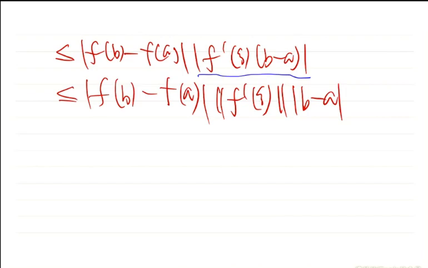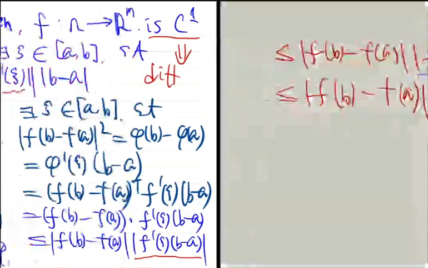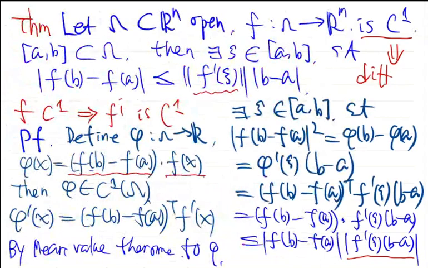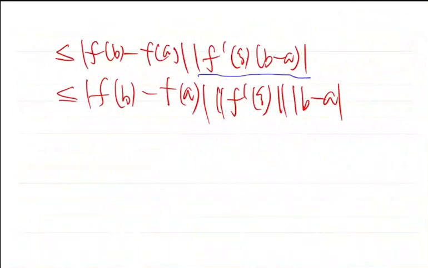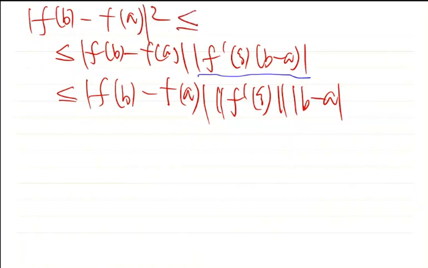What is the left hand side of our computation? The left hand side is the square of the norm of fb minus fa. So all this together says that the square of the norm of fb minus fa is not greater than our final result.